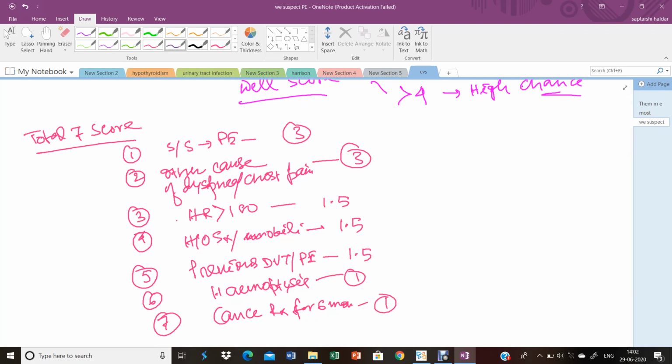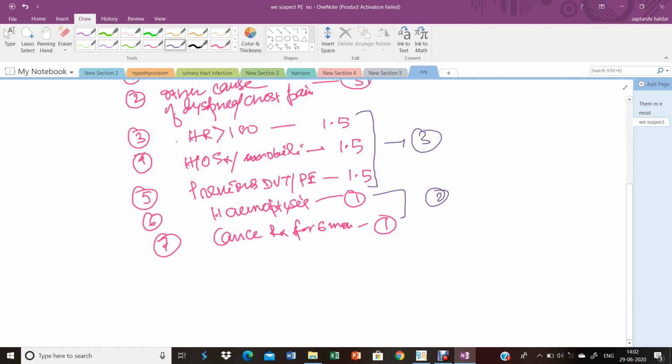One important thing: the first two are 3 points each, the 1.5 items are three in number, and the last two are 1 each. By this score, if the score is less than or equal to 4, it is less probable. If the score is greater than 4, it is highly probable.